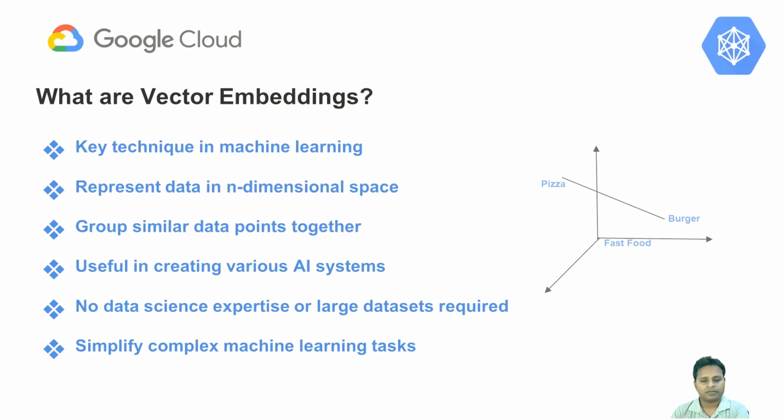This similarity mapping helps systems predict patterns and provide accurate recommendations. It's a user-friendly tool needing no extensive data science expertise, simplifying complex tasks and guiding predictions efficiently. Now let's move next and figure out what the use cases of vector embeddings are.